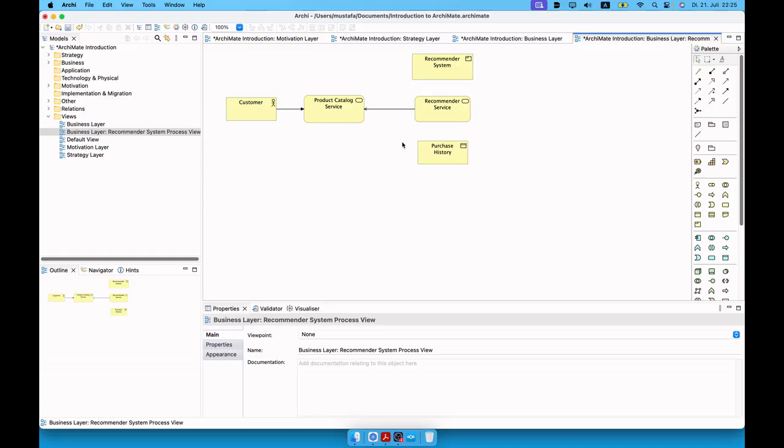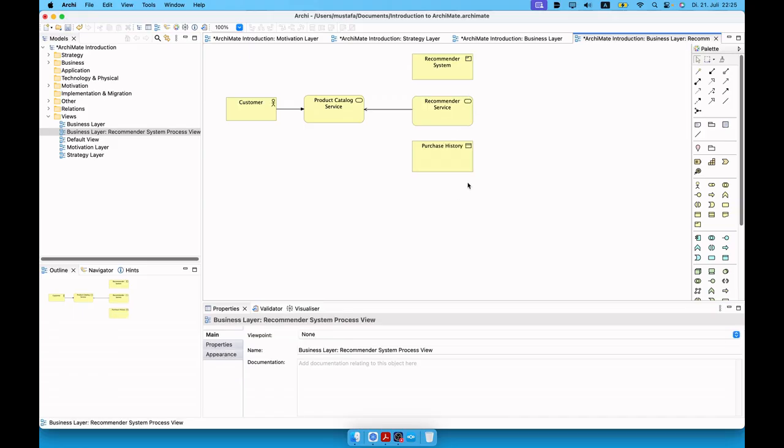Of course, for non-technical stakeholders that are not quite familiar with the ArchiMate standard, it would be quite confusing to say that the data is flowing from the recommender service to the product catalog service. This would be the correct interpretation. However, this is subject to misunderstanding and misinterpretation, which is usually better to avoid.